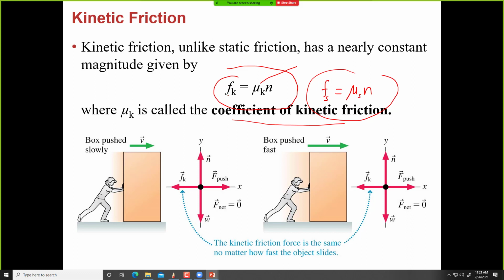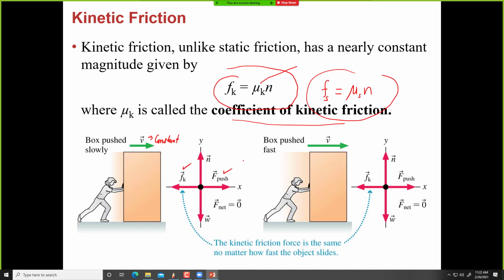So if the object is in equilibrium, not static but dynamic equilibrium, what that means is if the velocity of this box is constant, then these two forces would be equal.